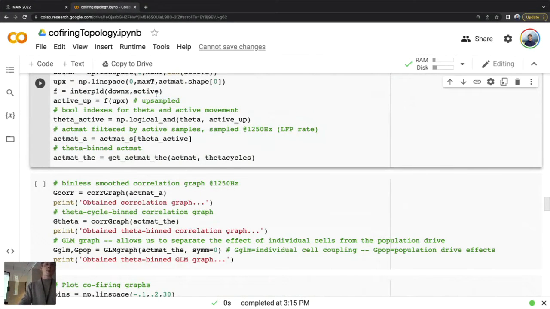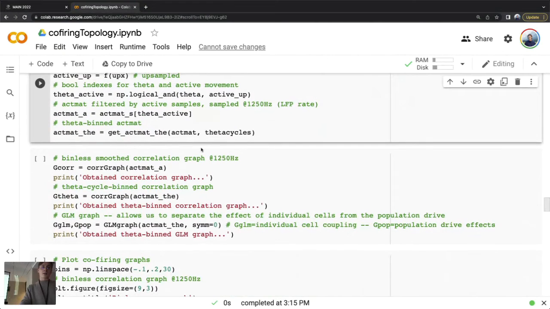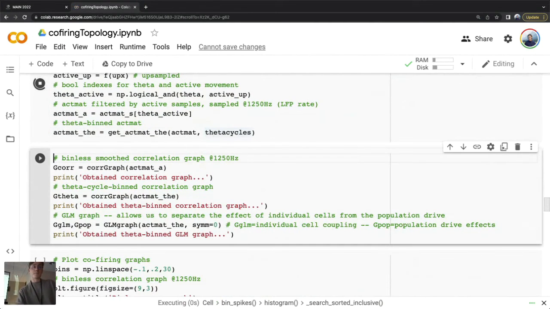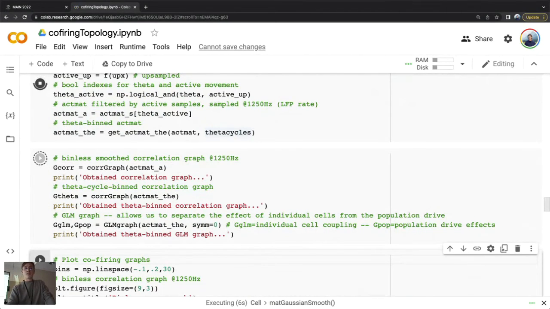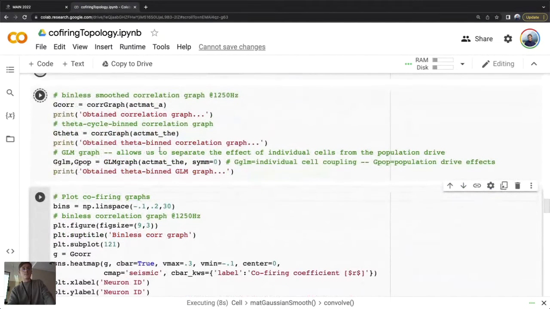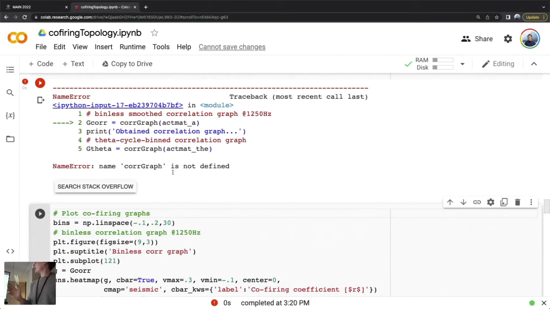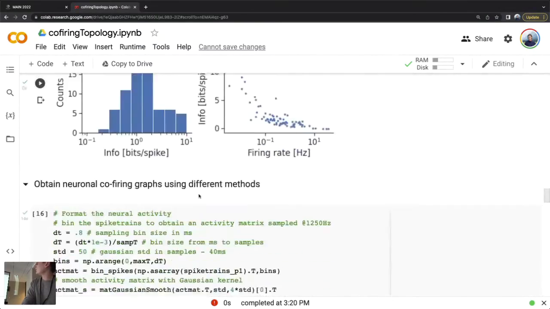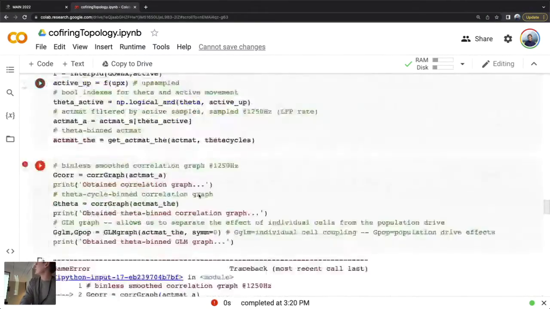Okay, so what I'm doing in the next cell is displaying these graphs. Actually, I'm obtaining them first. I think I didn't run a particular cell first.